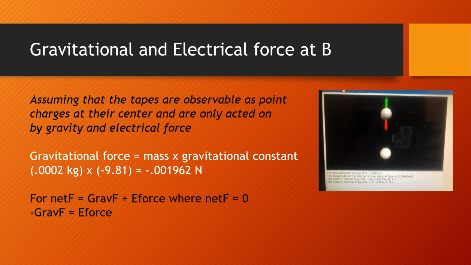Using this knowledge and assuming that the tapes are observable as point charges at their center, we can calculate gravitational force and set the electrical force equal to the negative of that number. This has to be true for the net force at B to truly be equal to 0.